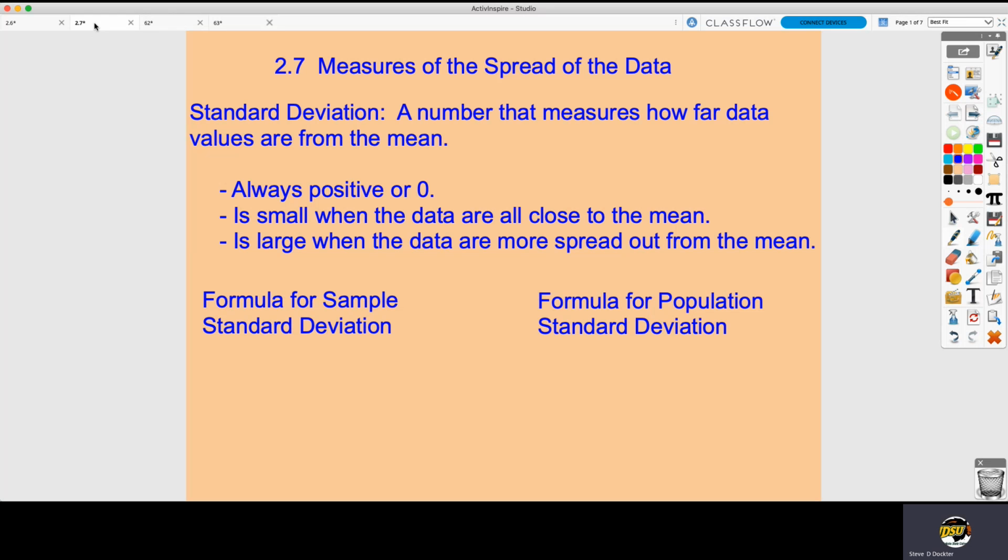All right, as it says down below, if the standard deviation is very small, that does mean that all of your data points are really, really close to the mean. If it is large, the data points could be more spread out from the mean.